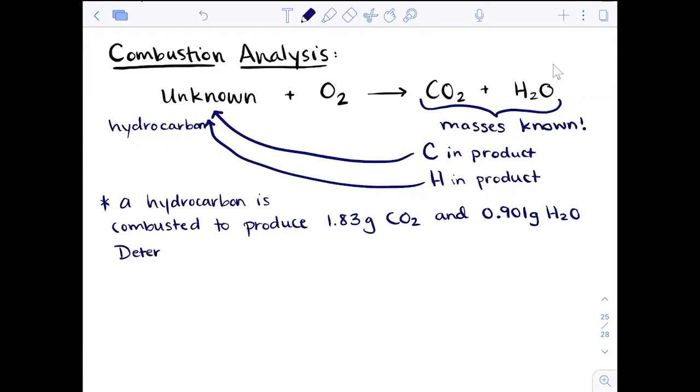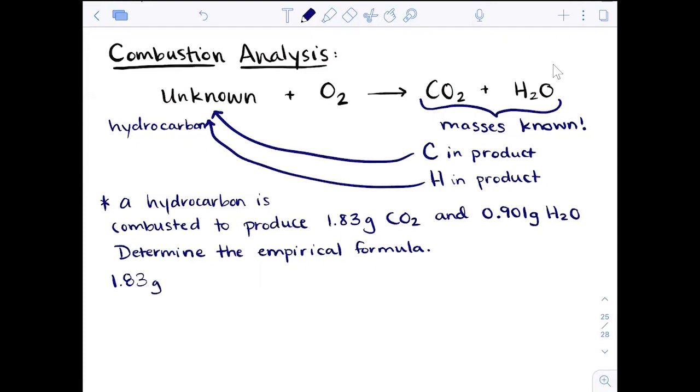Determine the empirical formula. We could also do the molecular formula if we had the molar mass. We'll just stick with the empirical formula.